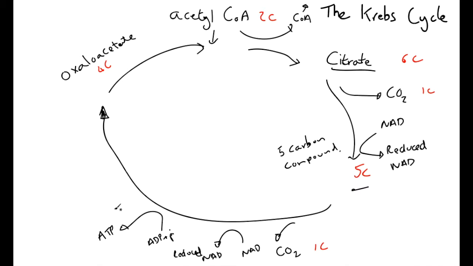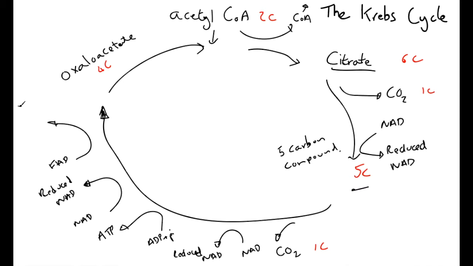You also get another one of these reactions after that. So your NAD comes in, and you're going to get reduced NAD out. And then lastly, you get another coenzyme called FAD, which for the sake of this video is like NAD.